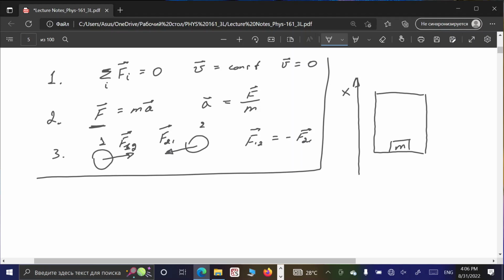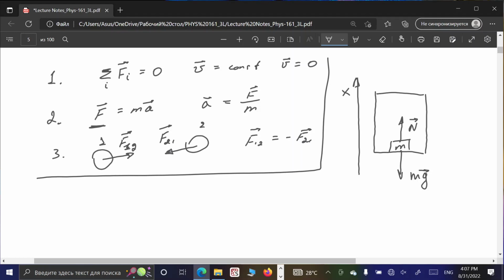At stationary conditions, when there is no motion or constant velocity of motion of this elevator, what do we have? We have the weight of this block exerted on the elevator, and also, according to the third law of motion, a reaction from the side of the elevator upwards.